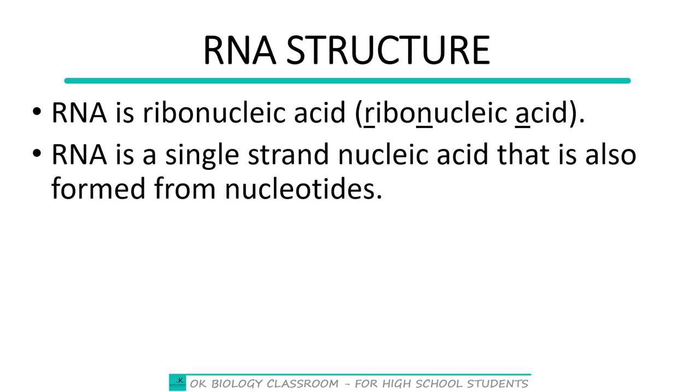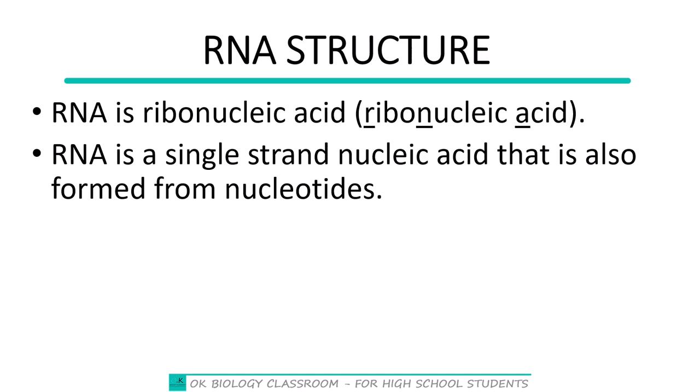RNA is a single strand. Well, in our previous lesson, we got to understand that the DNA is double-stranded. In other words, the DNA is made up of 2 strands. But it's different with the RNA. RNA has only 1 strand, or the RNA structure is just 1 strand. Okay, but although it's 1 strand, it also is made up of the same building block called the nucleotide.